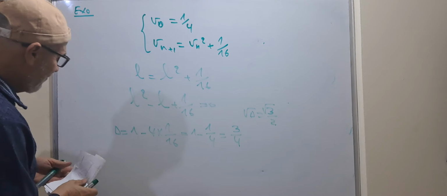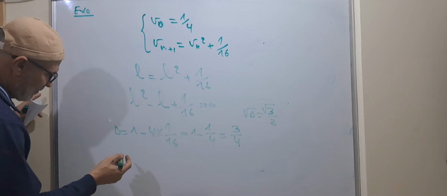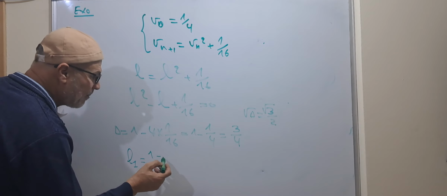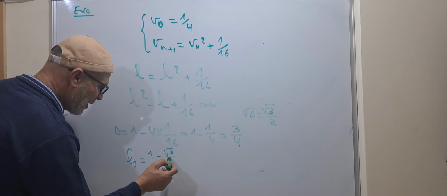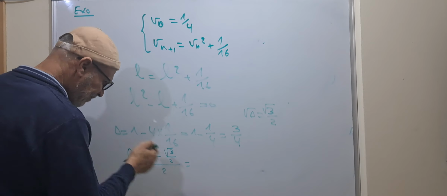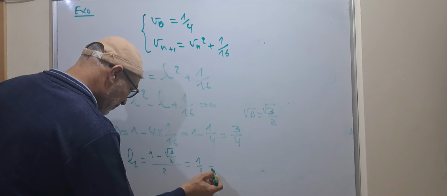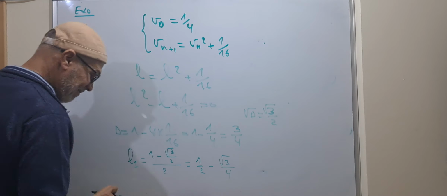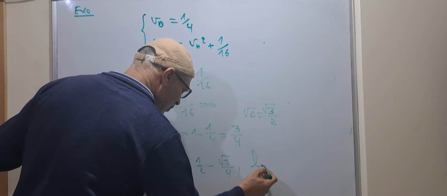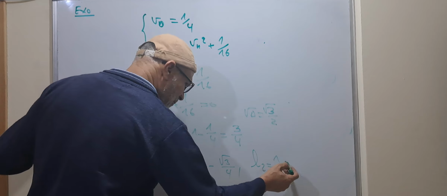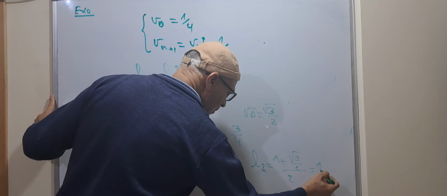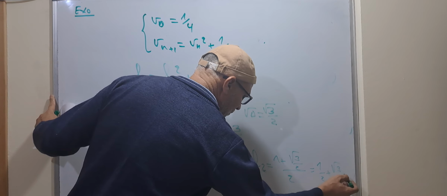The first solution, L1, is equal to 1 minus the square root of 3 over 2, over 2, which is equal to 1 over 2 minus the square root of 3 over 4. And the second solution is L2, which is 1 plus the square root of 3 over 2, over 2, which is equal to 1 over 2 plus the square root of 3 over 4.